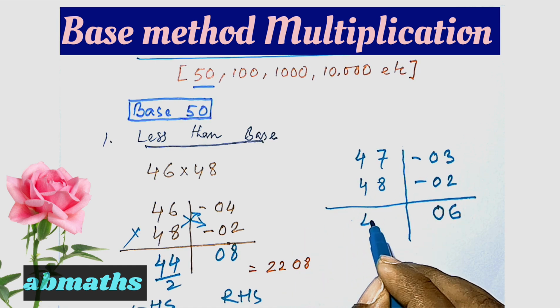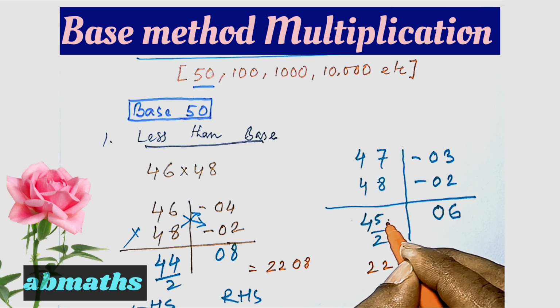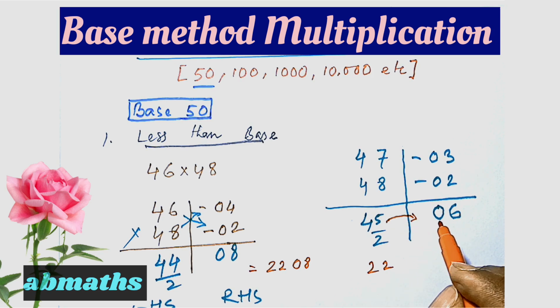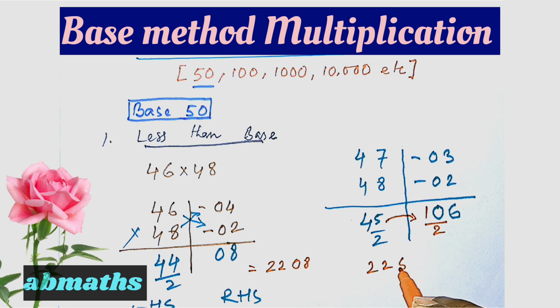So we write 45 divided by 2. That is, we get 22 here, and remainder 1 will go up here, and we'll divide this 10 by 2. So we get 10 and 6.